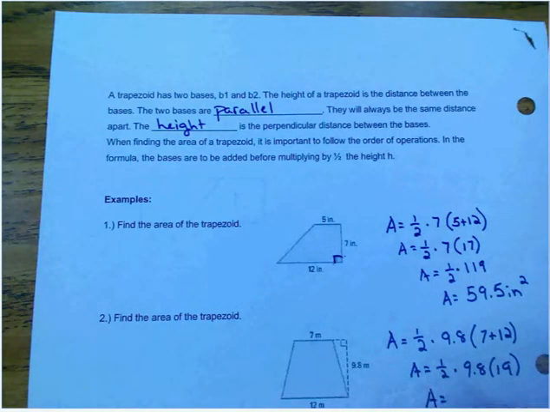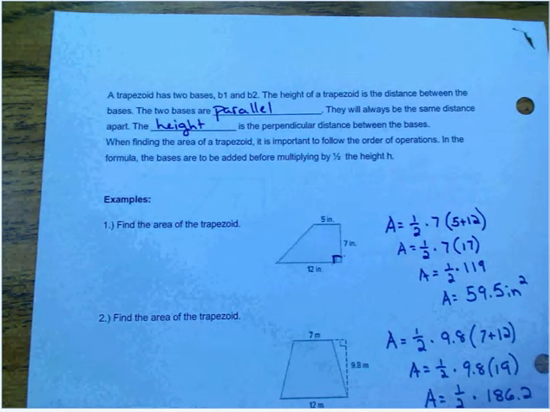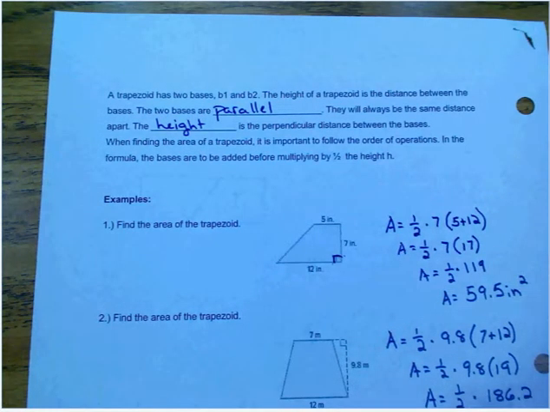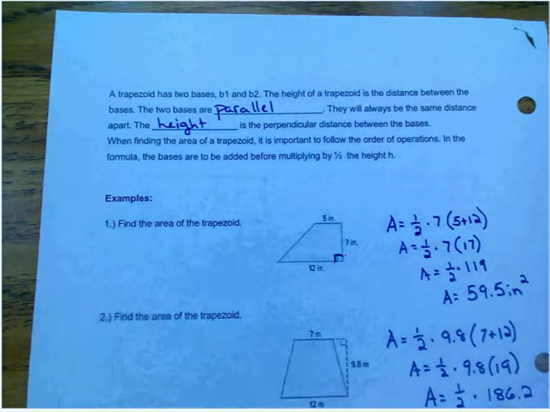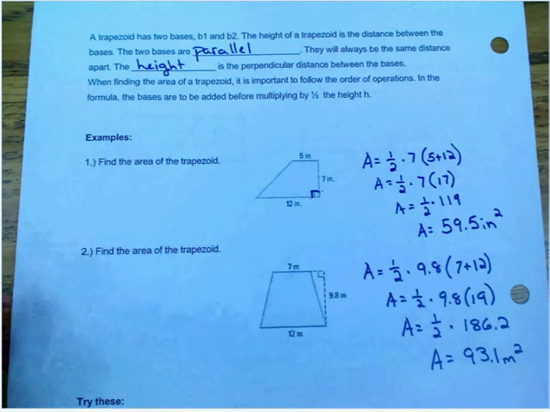So our area is 1/2 times 186 2/10, which gives us an area of 93 1/10 meters squared.